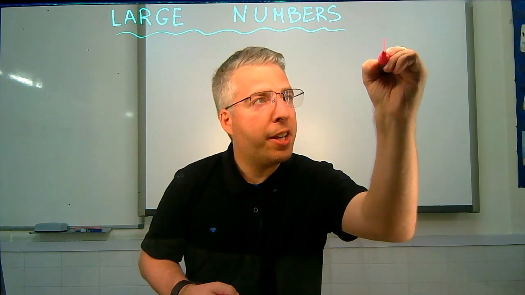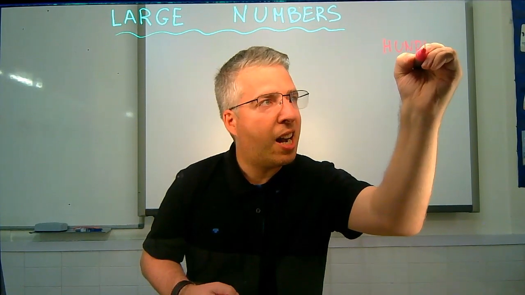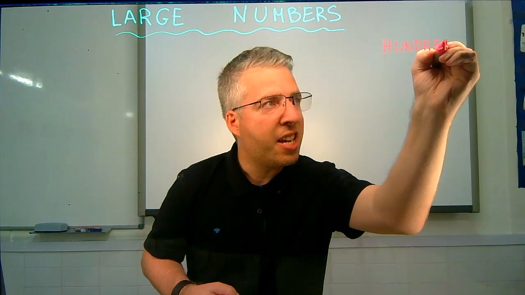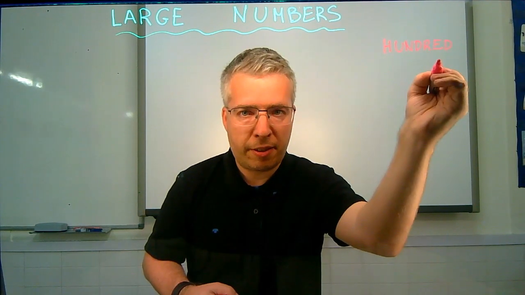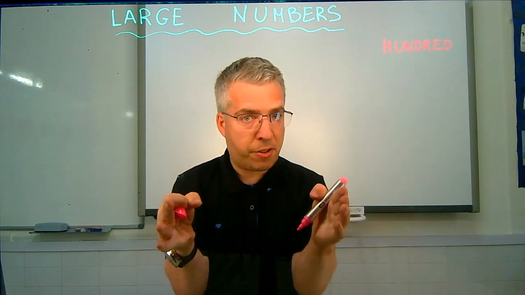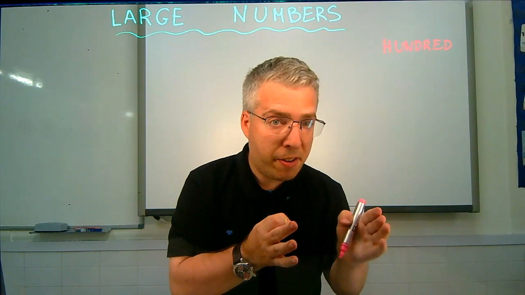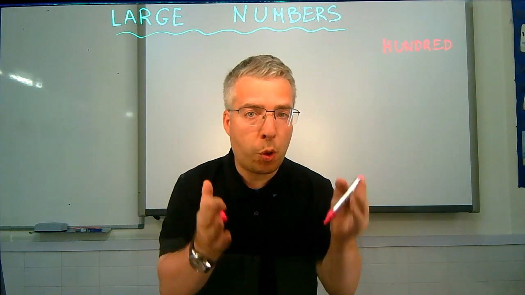The first one is hundred. H-U-N-D-R-E-D, 100. It is used when we've got three figures. If there is a number of three figures, we need to use the word 100.